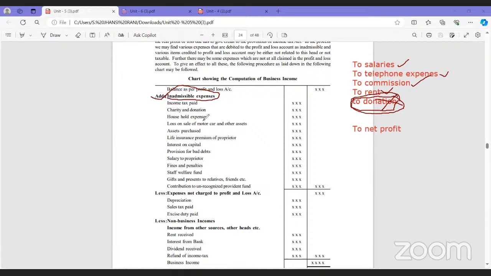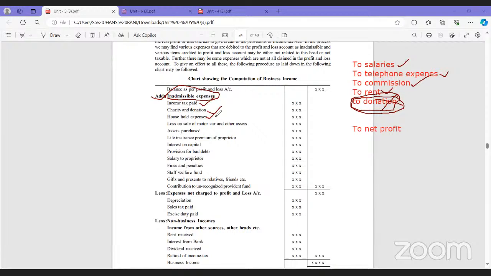Under that, they have given a few points to us. But apart from this, we have n number of expenses which may come based on the problem, like income tax paid. This is paid by an individual but it is not a business expenditure. Charity and donation, this is all personal interest. Household expenses means I'm taking any amount from the business, or for example, I'm using the servant or peon who is working in the office.